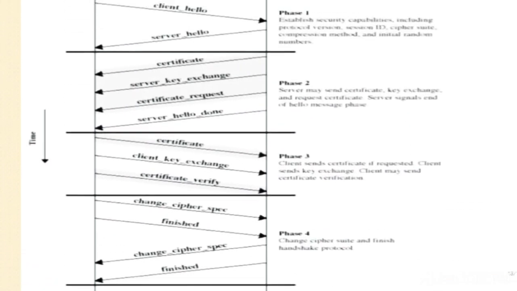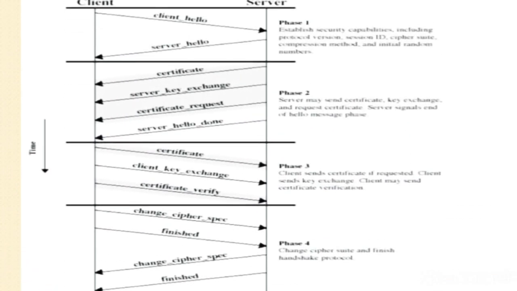Now diagrammatically it will be shown very nicely. See it. Here is a client and server. Both are sending and receiving messages. Now what happens in the handshake protocol? How is this communication performed? First, the client sends a hello message including a random number, its protocol version, session ID, cipher suite and compression method.